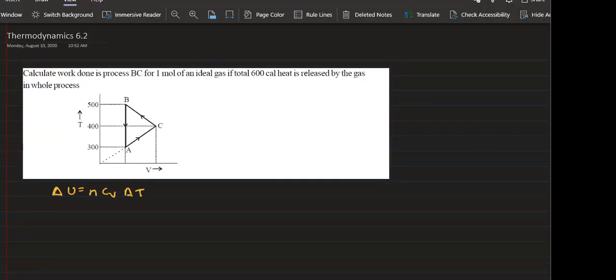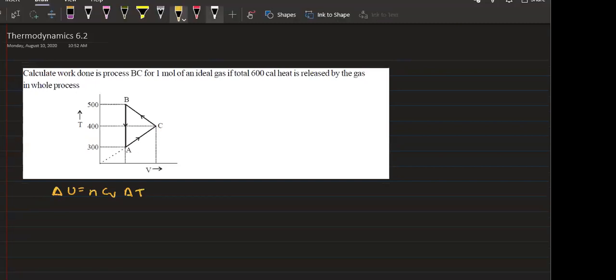Since we have both initial and final state same, nCv times (T minus T) will be zero. That's why for cyclic process, delta U is always zero. Okay, very good.